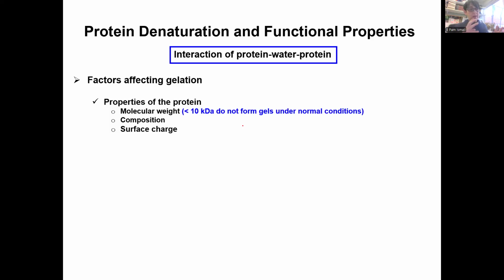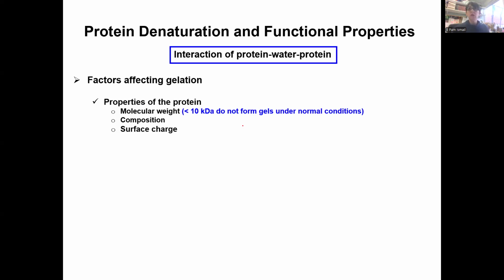So a high molecular weight but soluble protein will give you better gelation properties. If the molecular weight is really small, like in a hydrolyzed system, protein hydrolysis, if most of the peptides in the hydrolysate are less than 10 kilodalton, chances are low to form a gel.